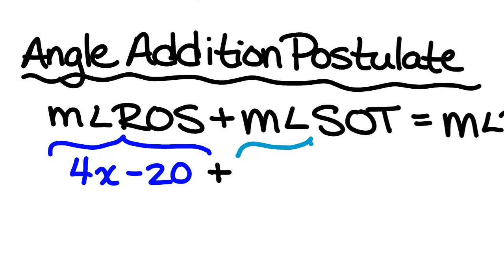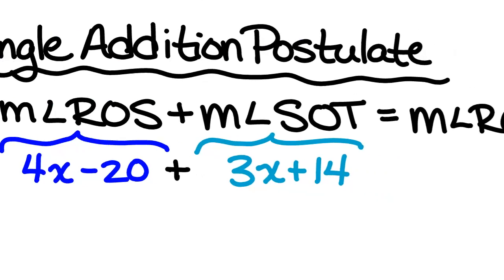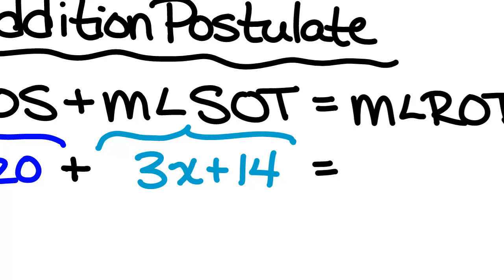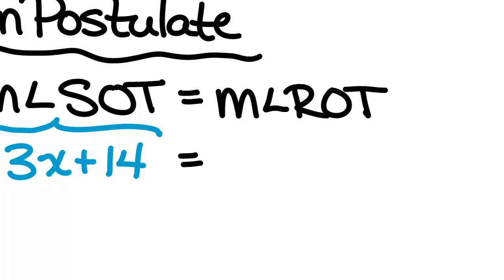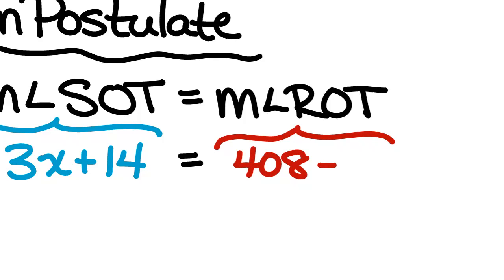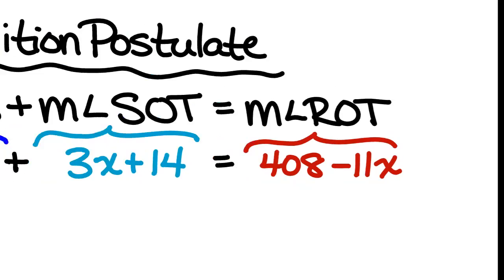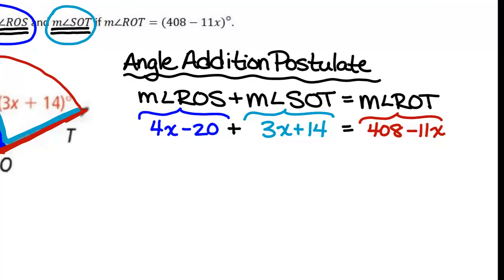What can go in for SOT? 3x plus 14 equals, what goes in for ROT? 408 minus 11x. Beautiful. Let's stay just on the left side of the equal sign for right now.